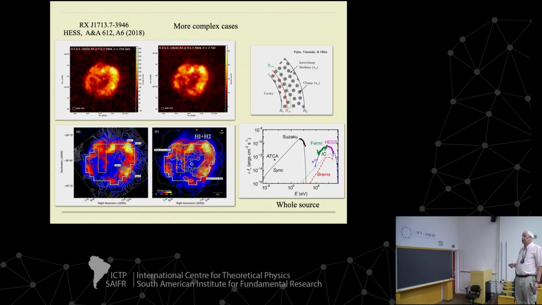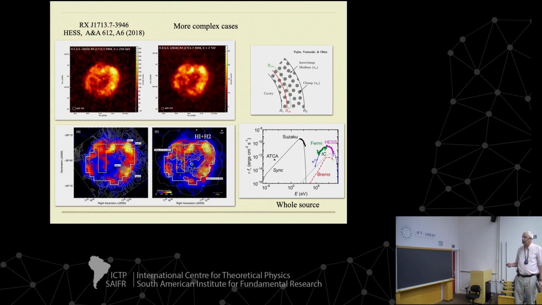And the problem is that when you observe what is going on at other wavelengths, for instance, with radio telescopes, and you determine the content in this region of neutral hydrogen or molecular hydrogen, then things become very messy.